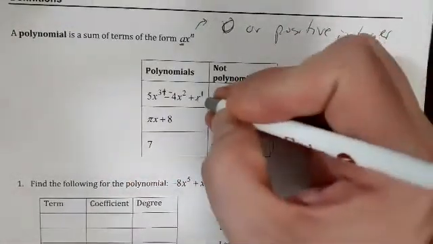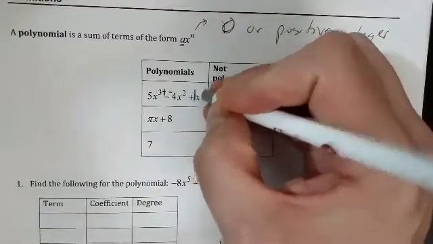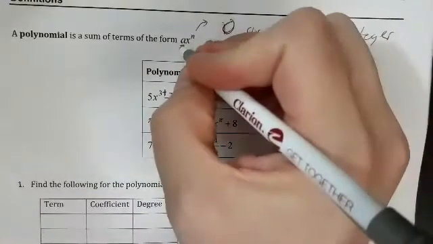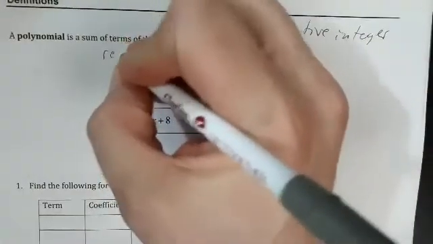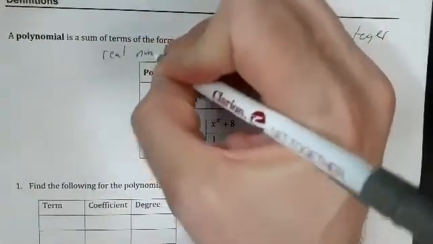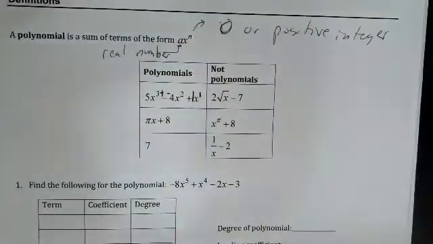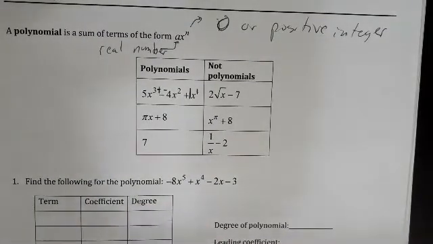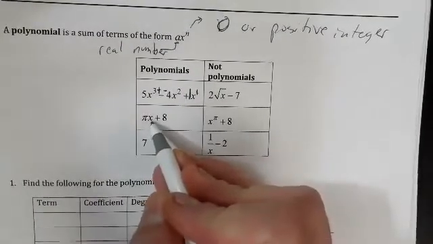So if we want to talk about a coefficient, we could also put another 1 there. And so if we have something like pi x plus 8, the coefficient's pi.